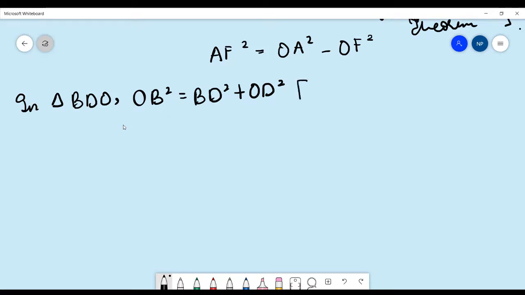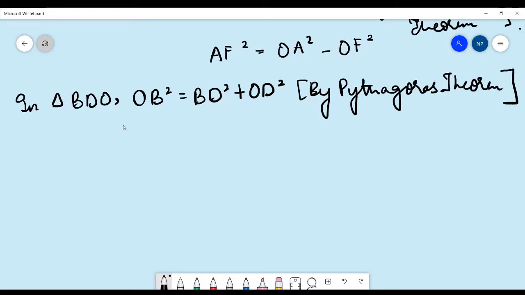This is also by Pythagoras theorem. Then from here we can make out BD square is equals to OB square minus OD square, right?